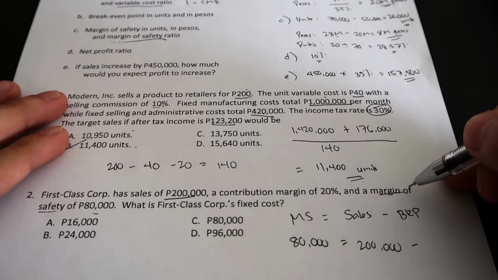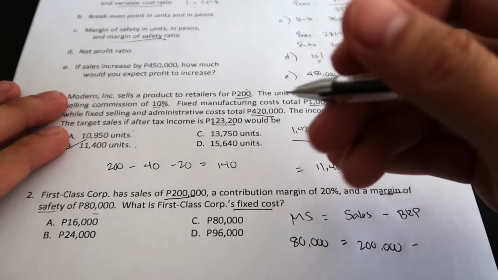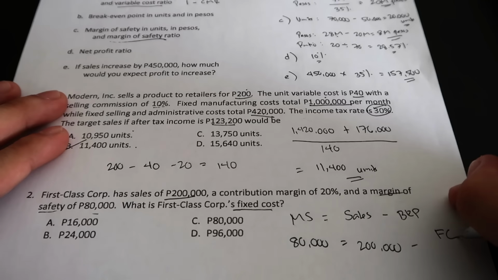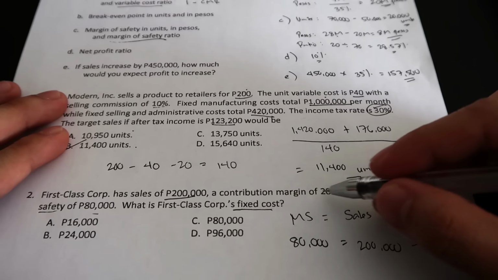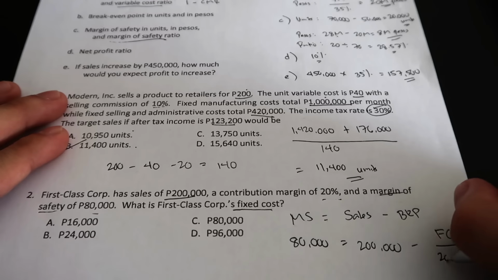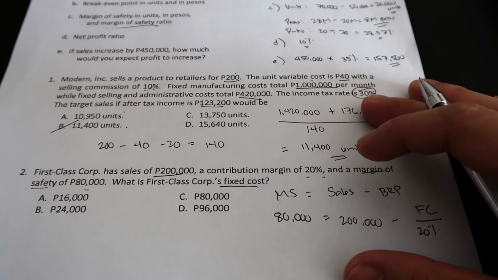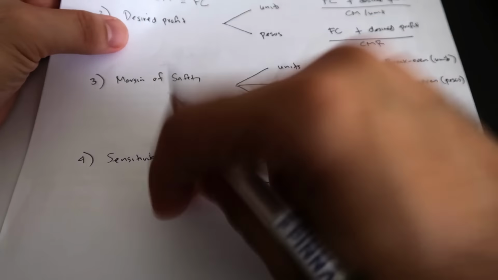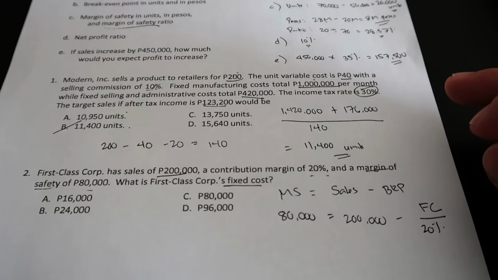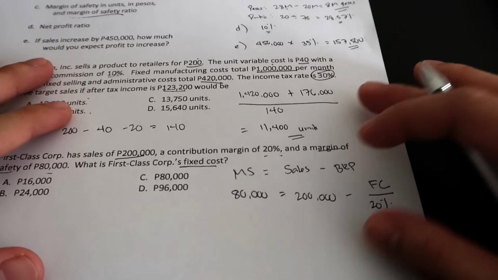Break-even point, we have, well, yung fixed cost hindi natin alam because there's a question. So fixed cost, lagay lang natin sa numerator, divide by CMR of 20%. Okay, so algebra lang. Actually, in CVP analysis, especially in answering sensitivity analysis, algebra yung ginagamit namin dyan.